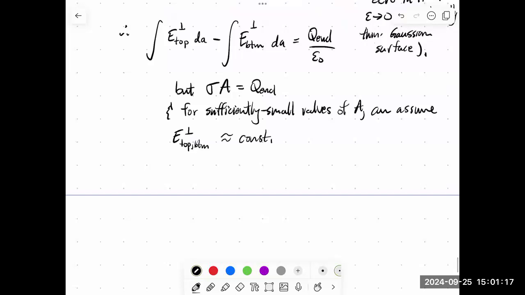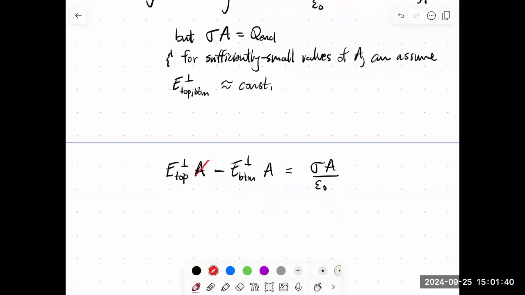Okay, so if we do that, then we would say E top perpendicular times the integral of dA, but the integral of dA is just going to be A, minus E bottom perpendicular times the integral of dA, which is just A, is equal to Q enclosed, which is sigma A divided by epsilon naught.